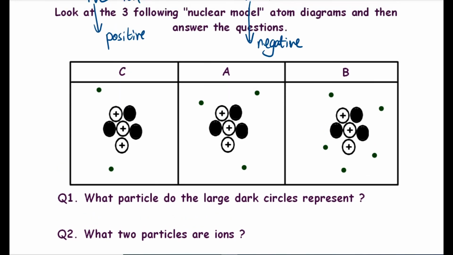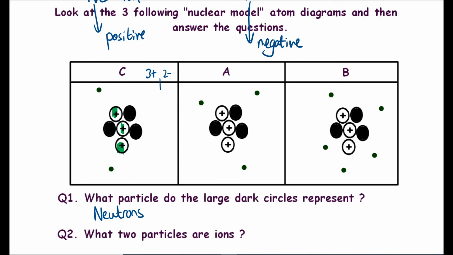What particles do the large dark circles represent? Well, if you think about it, if that and that are protons, then the large dark circles must be neutrons. What 2 particles are ions? Well, if we look at C, we've got three protons and we've got 2 negative electrons.